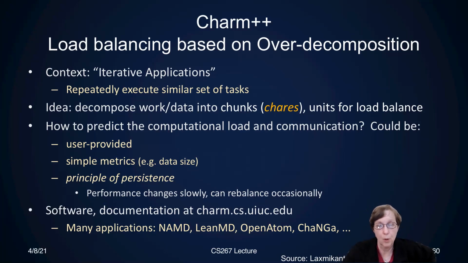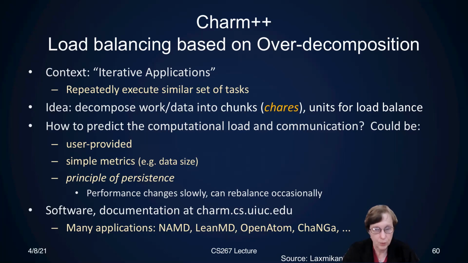What they're going to do is record information about communication and computational costs, and then assume that there's some kind of higher level pattern that says a particular chare, which is going to execute, say, multiple times across different iterations, is going to have a similar communication pattern and a similar cost to the previous iterations.